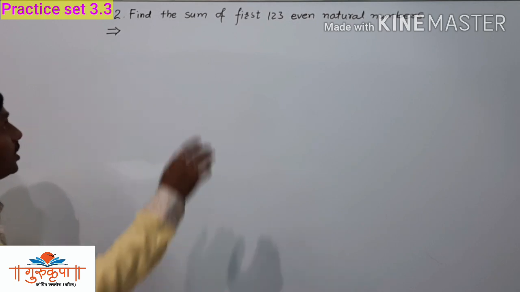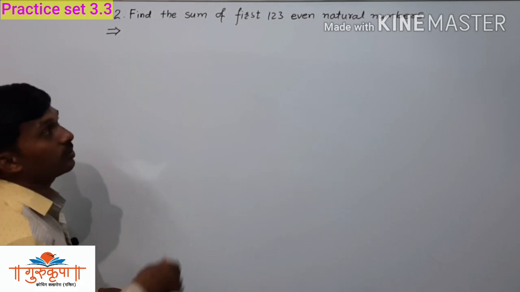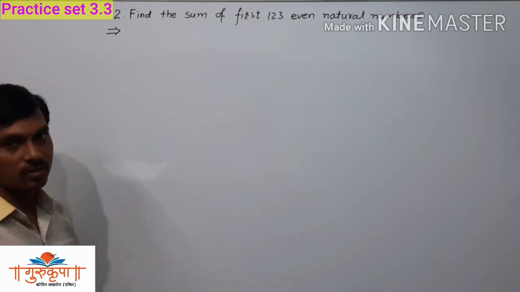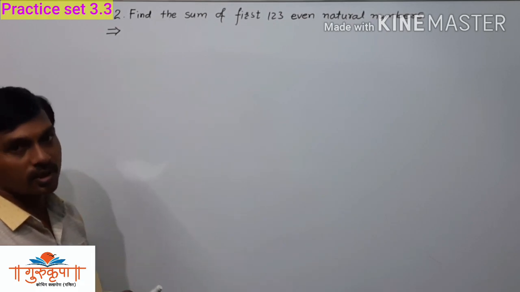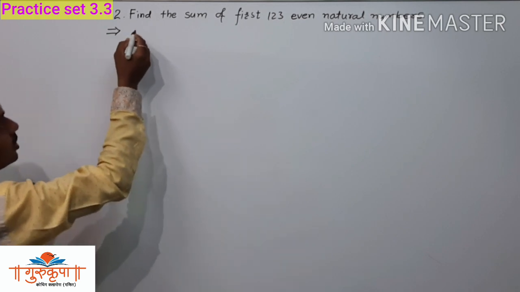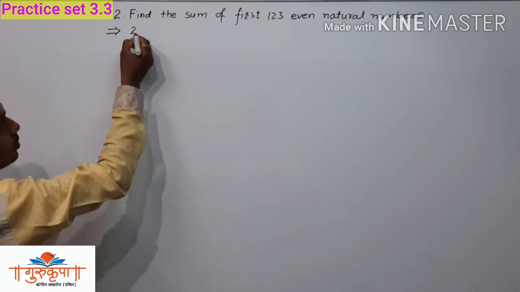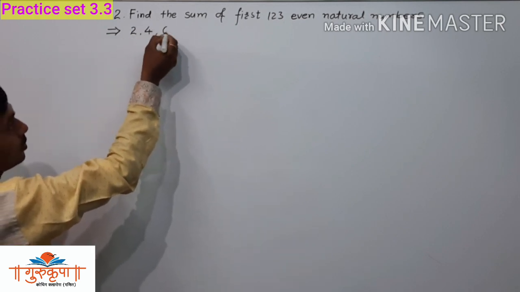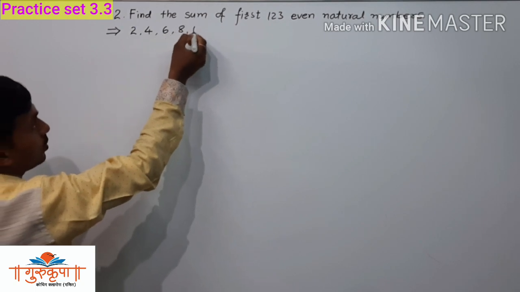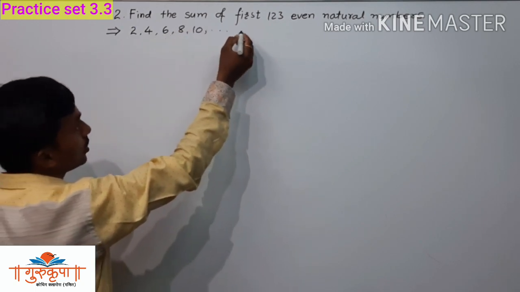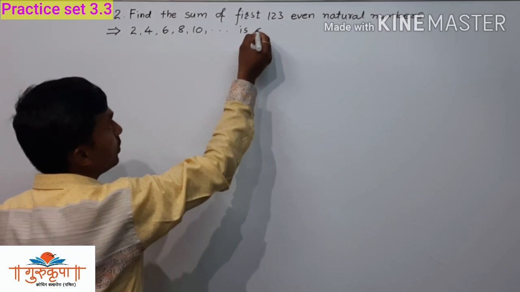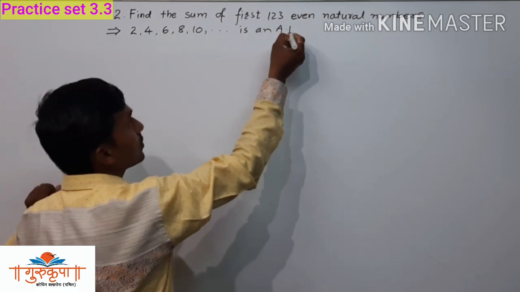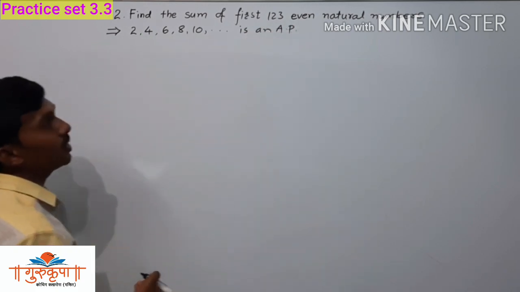So first we will write the even natural numbers, that is an AP. We have to write here 2, 4, 6, 8, 10, and so on. This is an AP.